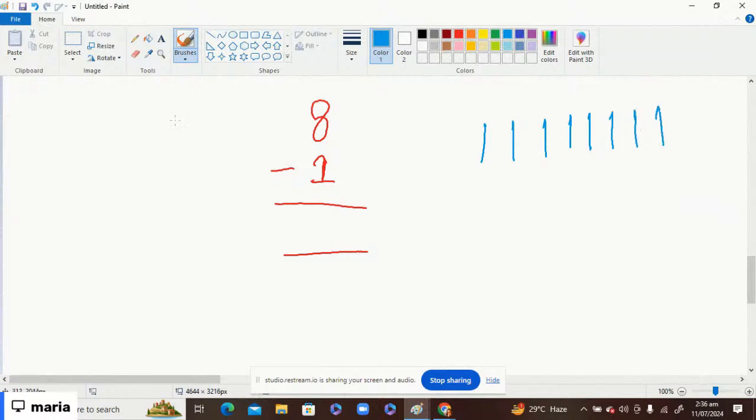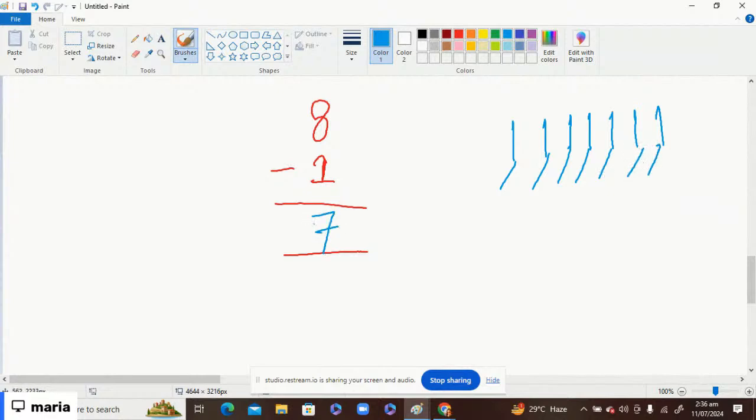And how many lines do you remove? Only one line is removed. So how many lines are left? Just count how many lines are left. It's one, 2, 3, 4, 5, 6, and 7.